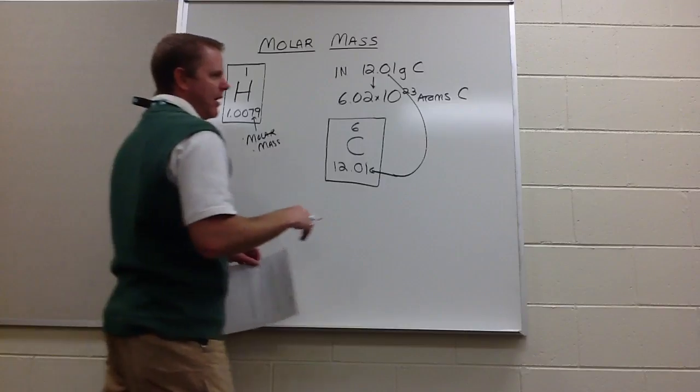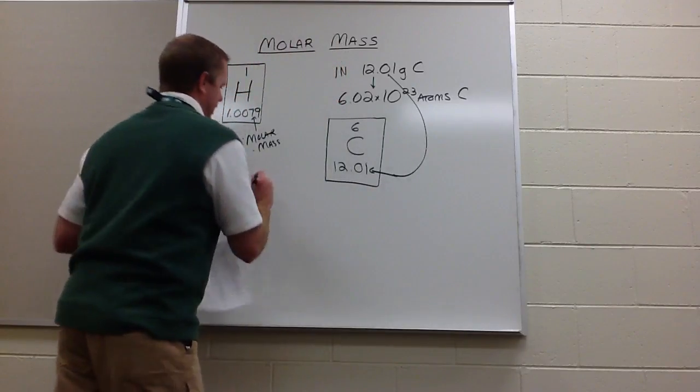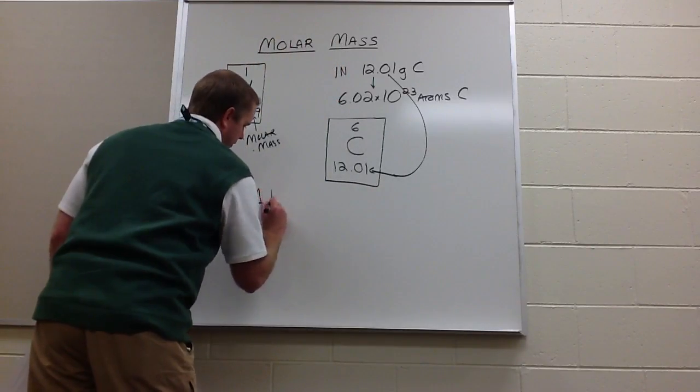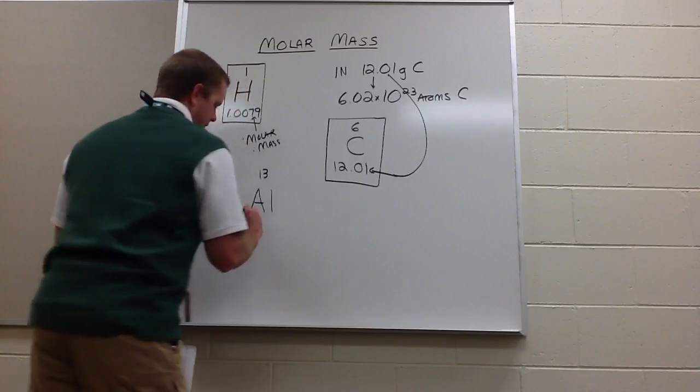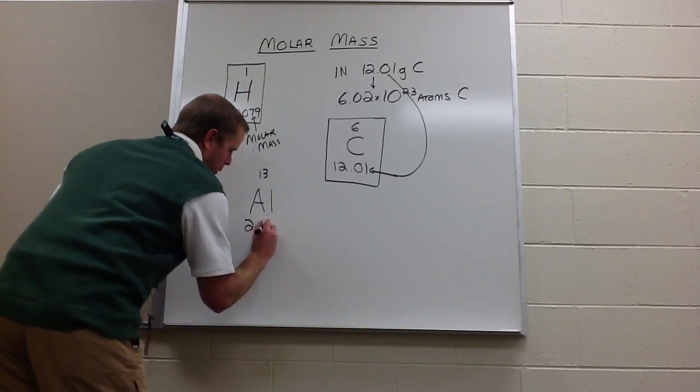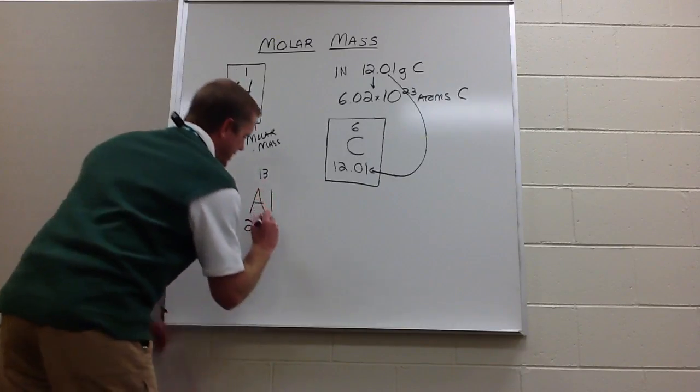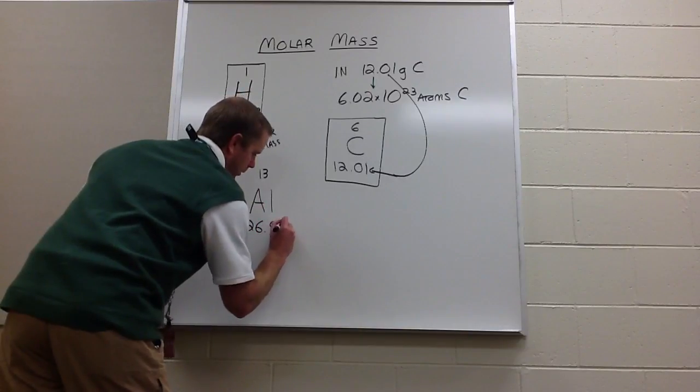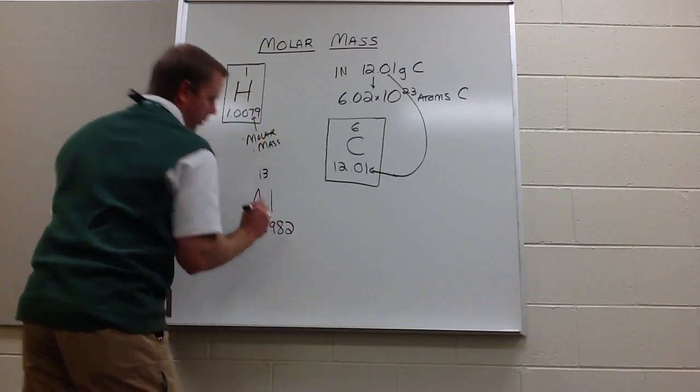And so everything you see on the periodic table, you have another example here, where you have aluminum. I believe it's element 13. And underneath of it, 26 point, and it's going to give you the full one here, 982 is what's underneath. What does that mean?